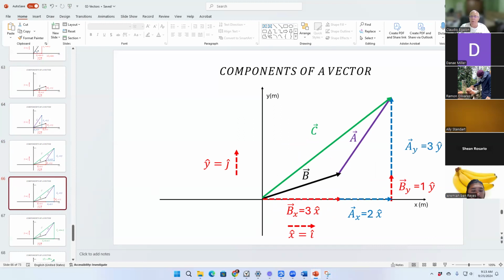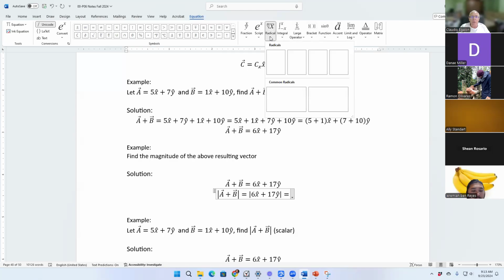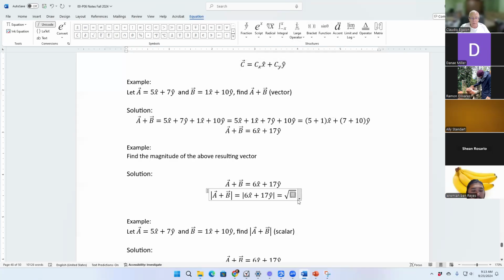Consequently, the final vector must have a magnitude given by the square root of 6 squared plus 17 squared. And then you can do this math. 36, 17 squared is going to be what?